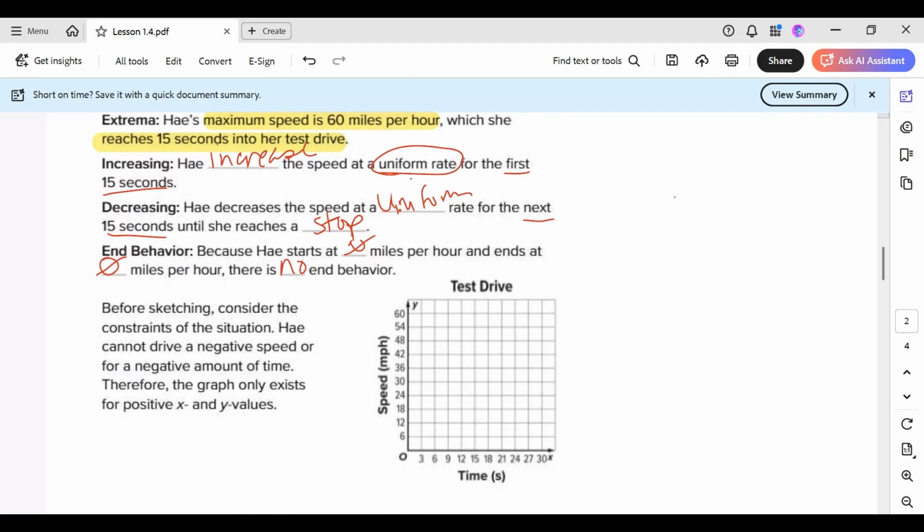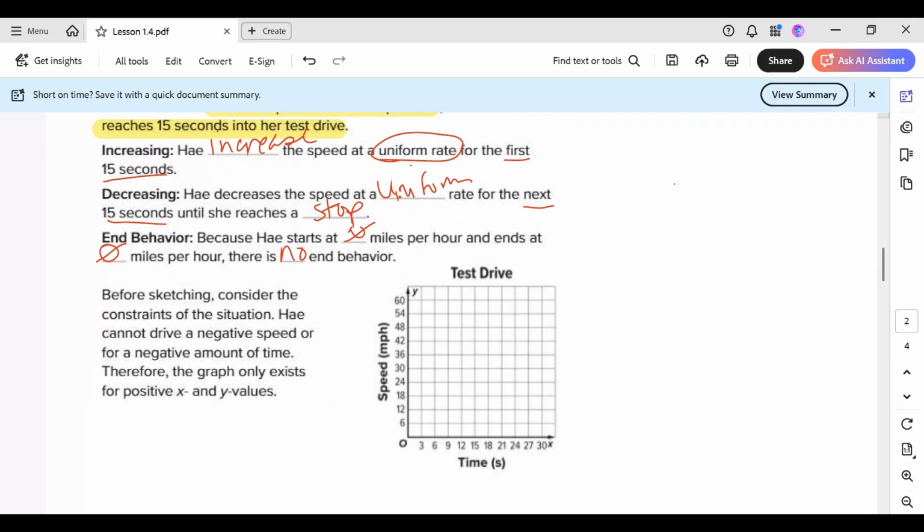Okay, so now we need to sketch our graph. First thing, remember, we need to consider our constraints. Hay cannot drive at a negative speed or for a negative amount of time. Distance is a unit of measurement.